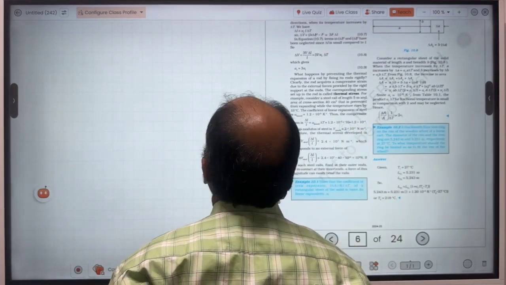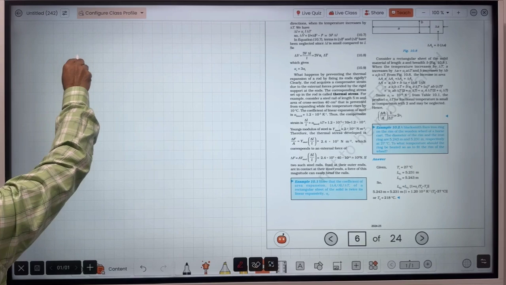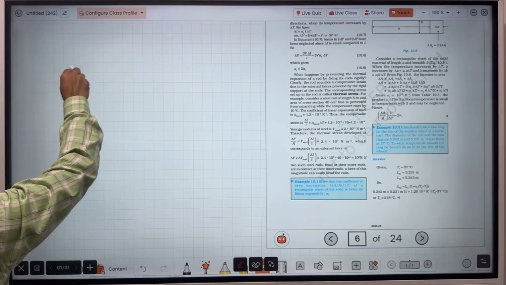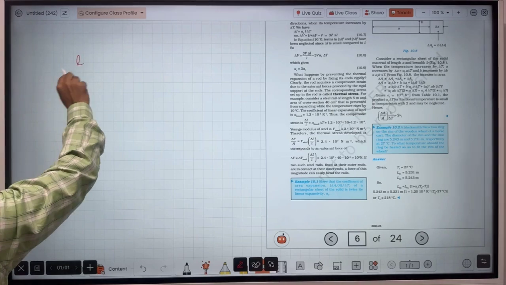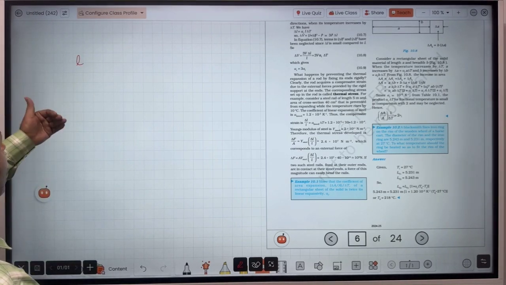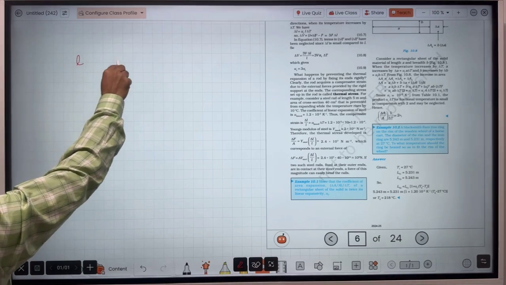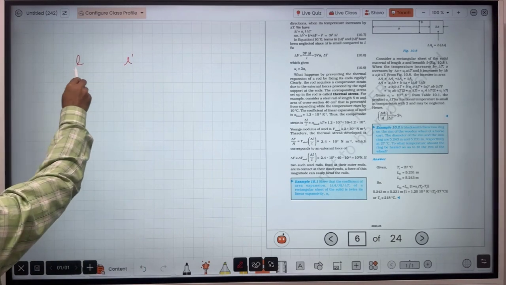So here actually the notation that we will make use of: suppose L0 is the original size and L is the new size, or we take the new size as L dash when heat is applied, and this is the original.